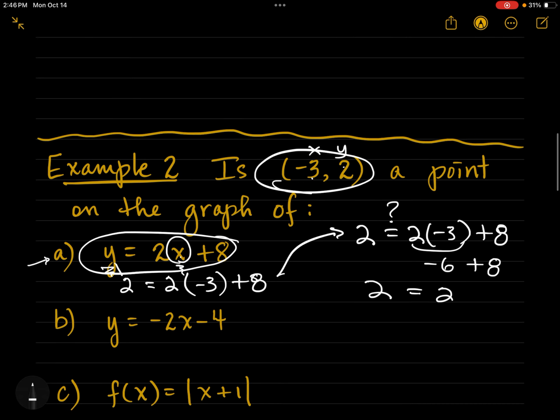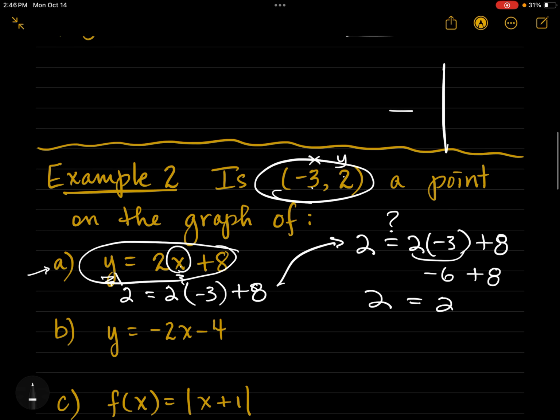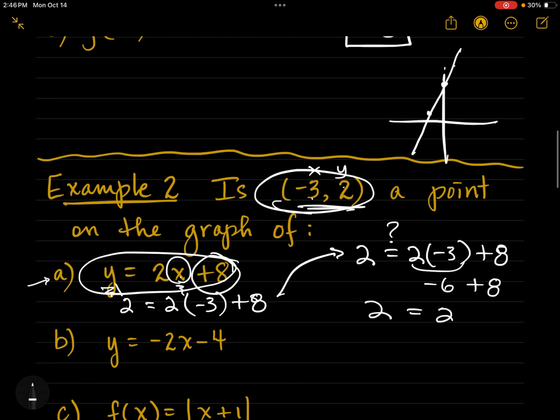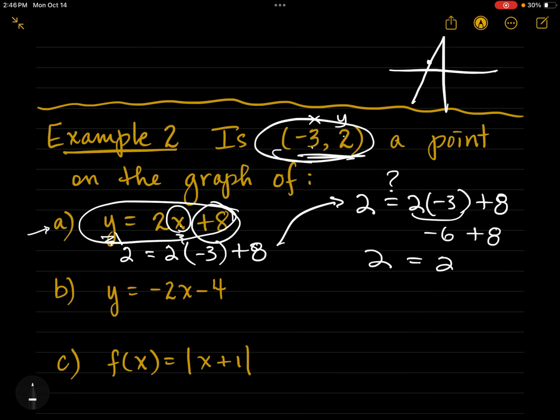And if we were to actually graph it, let's recall graphing. If I go here and start at 8 on the y-axis, and I do a rise of 2 and a run of 1, guess what? This point, back 3 up 2, is going to fall on that line. But we don't have to graph. We can simply plug in the x and see if it equals the y.